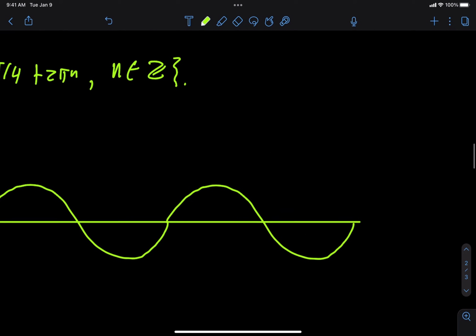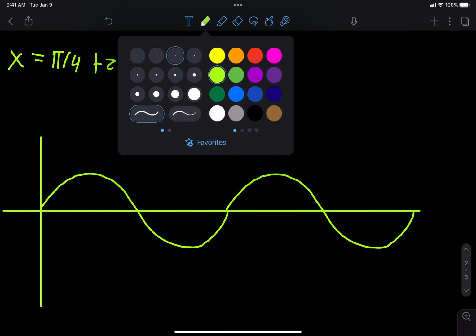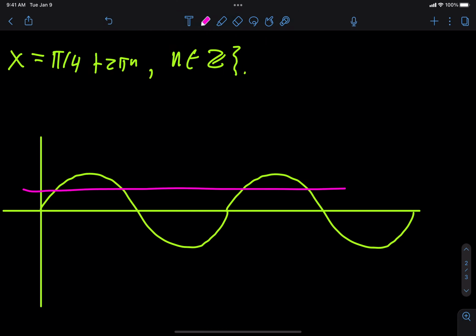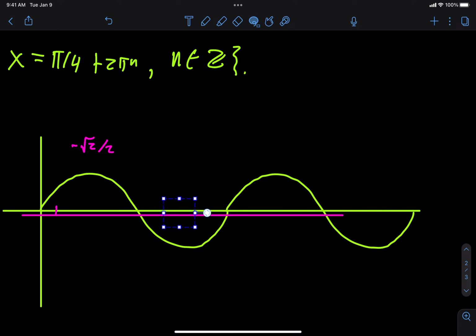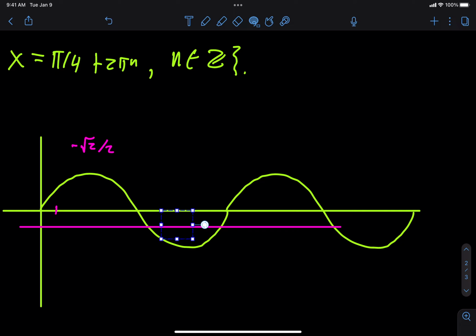So you're looking for the intersections of this graph with the height negative square root 2 over 2. It needs to go down. What am I doing? Down here. So let's make this a little more nice. Here's pi over 2. Here is 3 pi over 2.